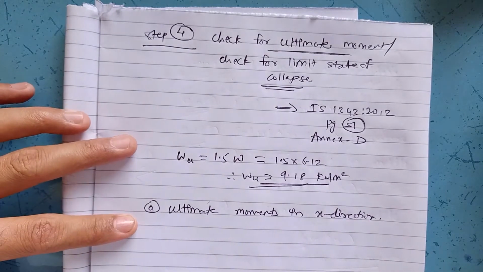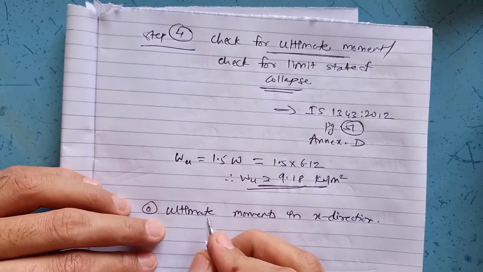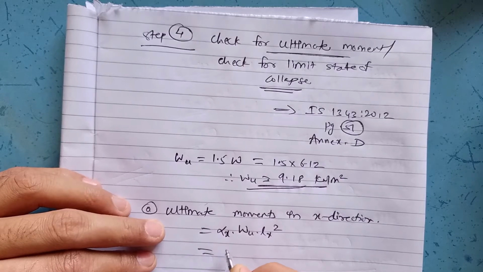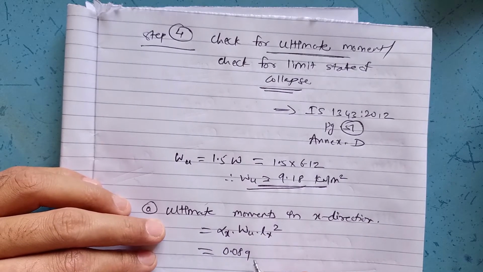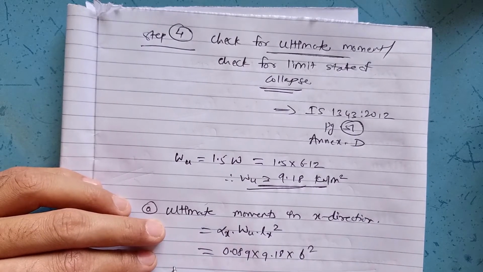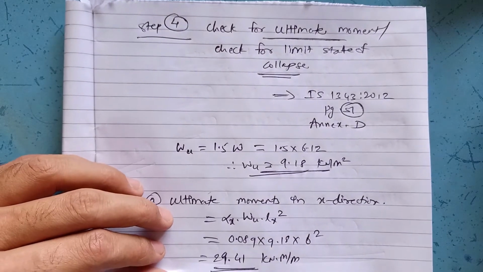The ultimate moment in the x direction will be alpha x into W into Lx square. Alpha x we have considered as per table number 26 as 0.089, W as 9.18, into 6 square, is equal to 29.41 kilonewton meter.